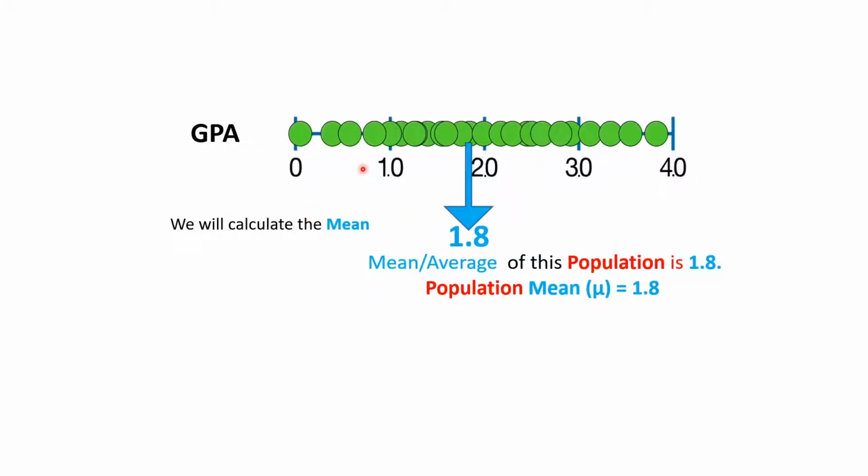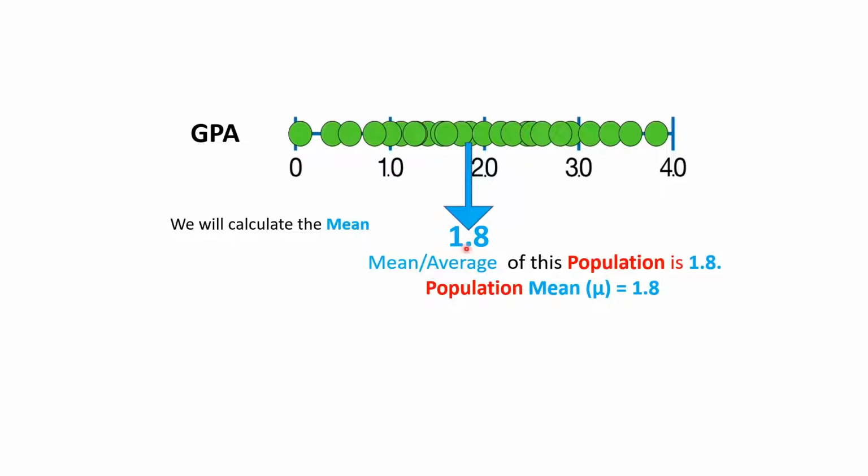And then if we go ahead and calculate the average of these 82 dots, in other words, if we calculate the mean, if you add each one of them and divide by the total, which is 82, you will find that it will be equal to 1.8. This 1.8 number represents the average or the mean of this population.